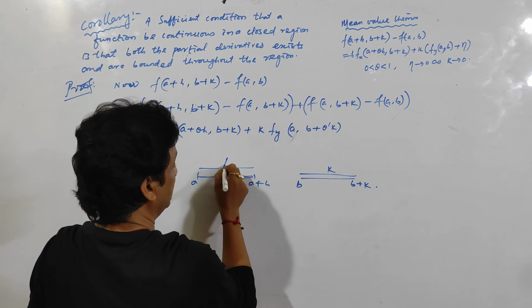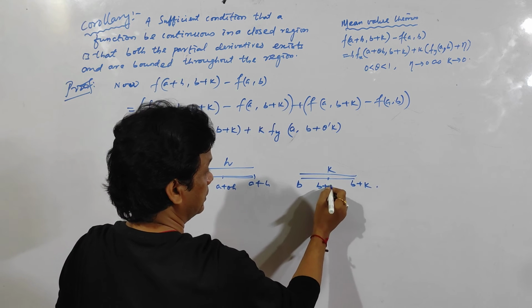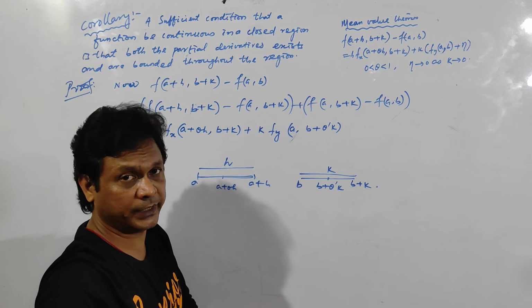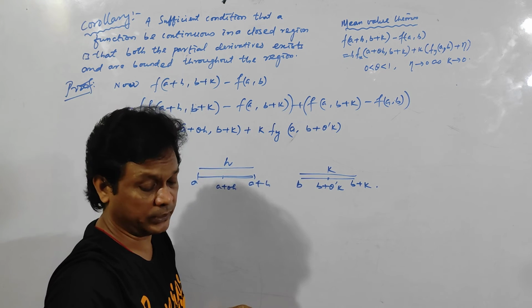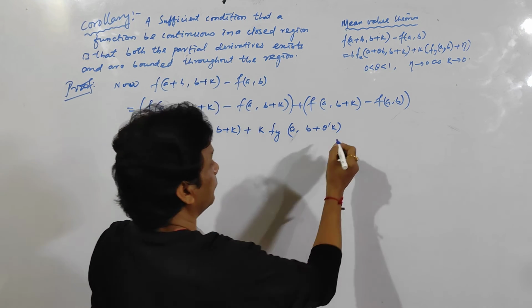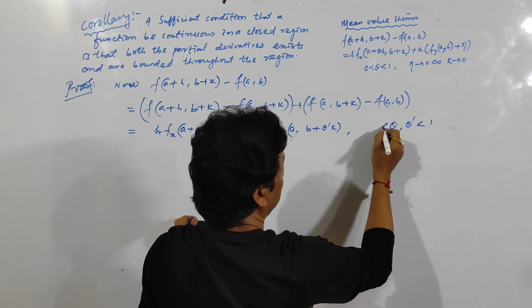Here the difference is h. So this point is b plus theta dash k, and theta dash is point something, and its value also lies between 0 and 1. So see here, theta and theta dash are less than 1 and greater than 0.